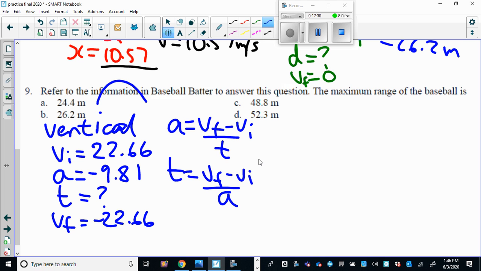Negative 22.66 minus 22.66 divided by negative 9.81, and you're going to get 4.62 seconds. And then you can go to your horizontal component to calculate the range or the horizontal displacement.